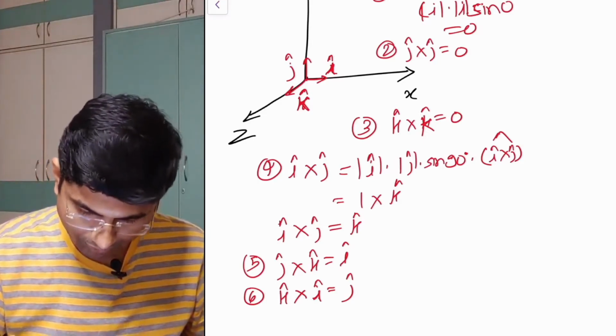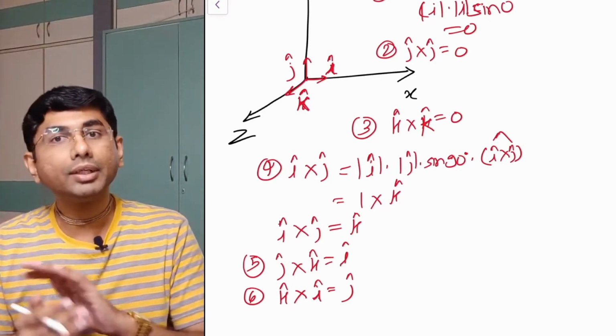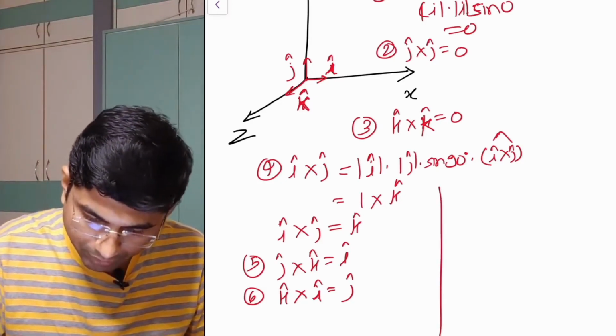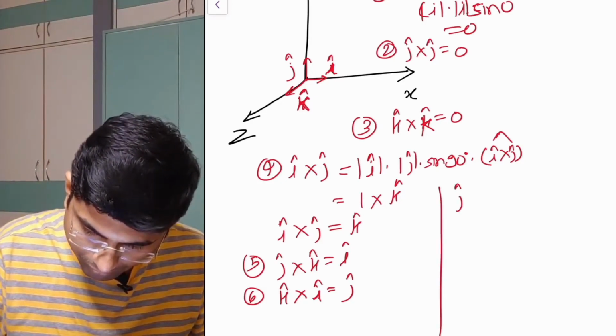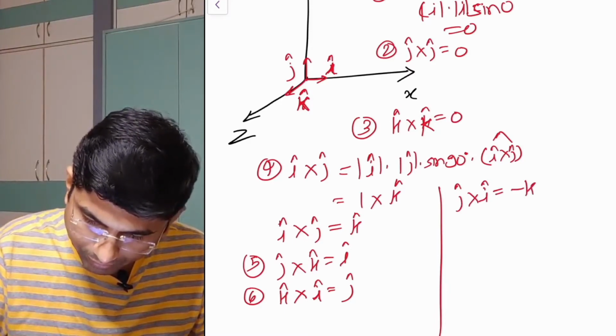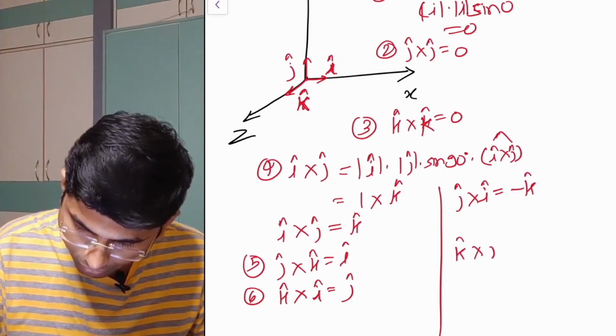That's how we have to remember these different quantities. Now if we reverse the order, the answers will be negative. If we consider j cross i, it is equal to minus k, and k cross j is equal to minus i.